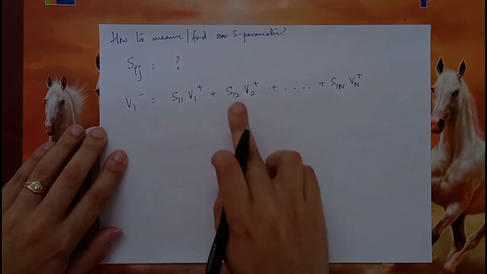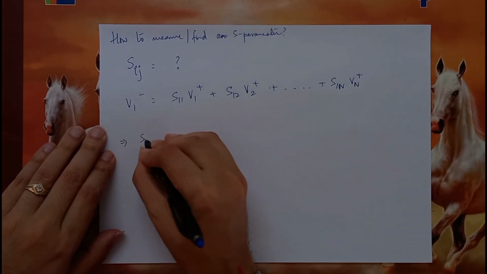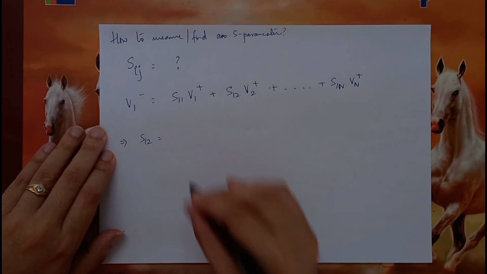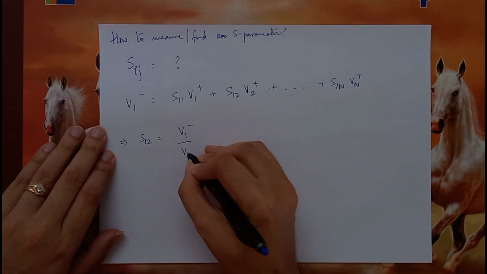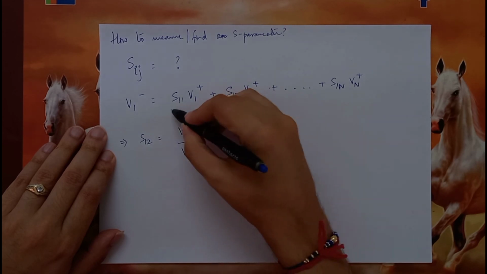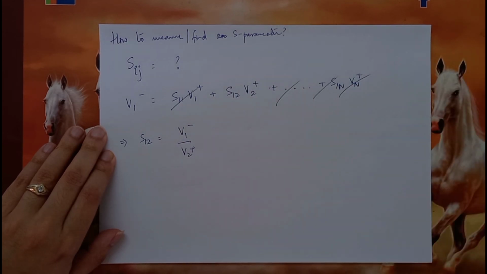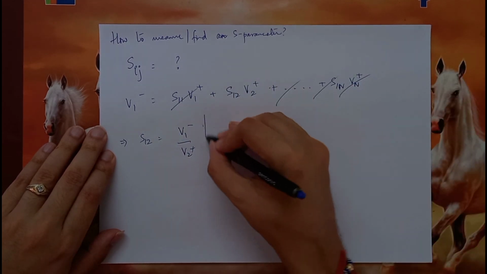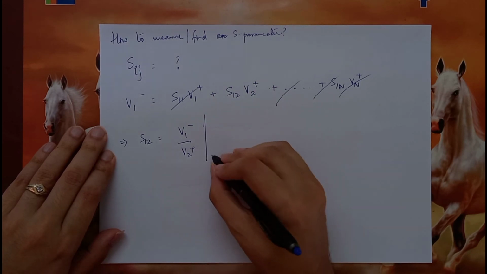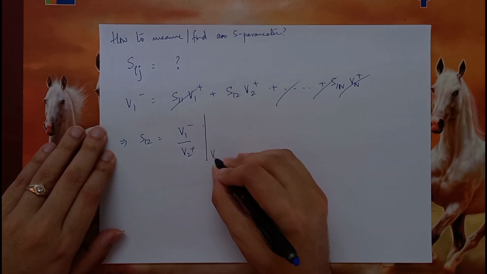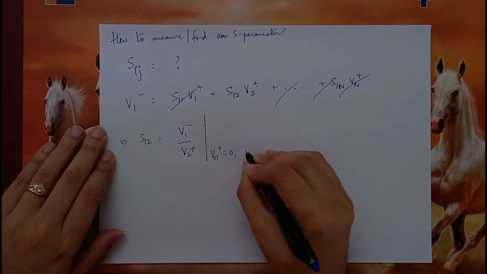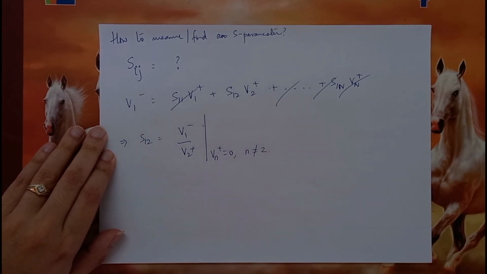So if I want to find out S12, I need to have V1 minus divided by V2 plus, but all the others must be made 0. That means all the other Vn plus should be 0 where n is not equal to 2. Apart from V2 plus, all the other V pluses must be 0.